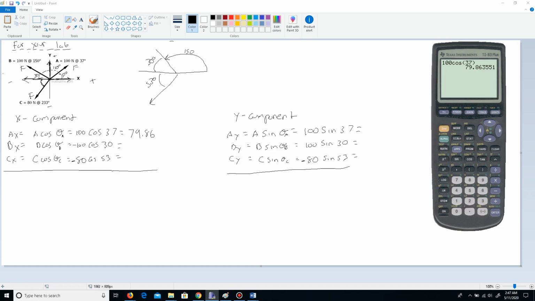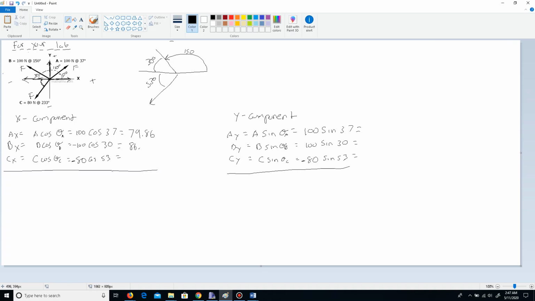Okay, so now 100, I'm not going to even put in the negative sign because I know it's just going to stay negative. Cosine 30, which is another reason I don't do the 150, is because I don't want to get confused with the negative signs. So 86 point, what's that? 0.6.